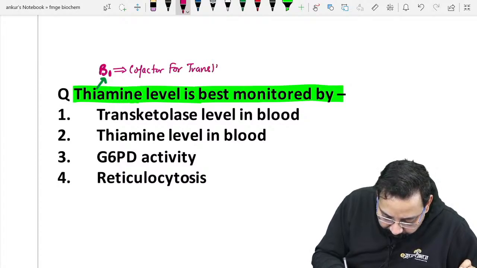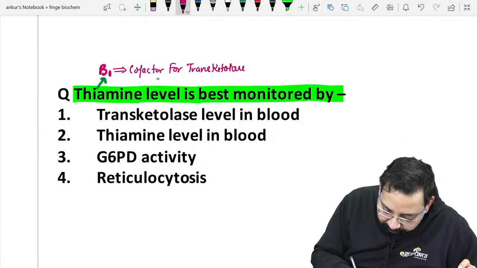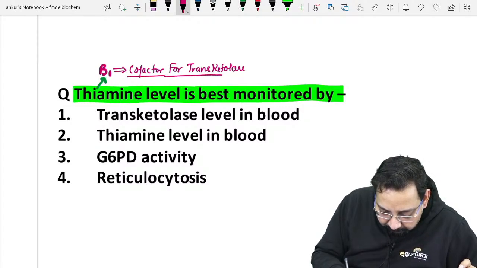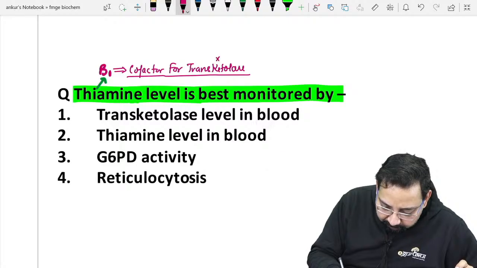transketolase. We will discuss in detail. For the time being, B1 is a cofactor for which enzyme? Transketolase.